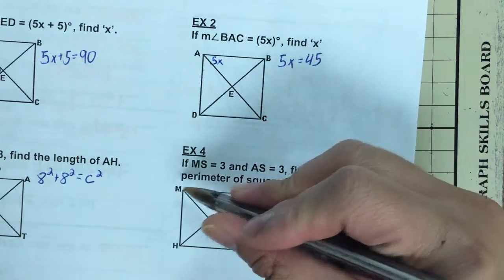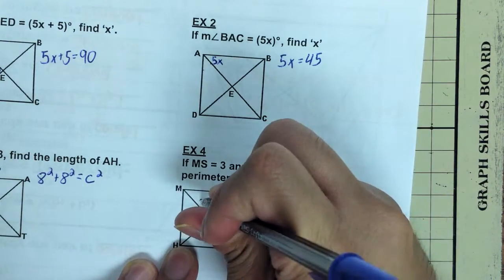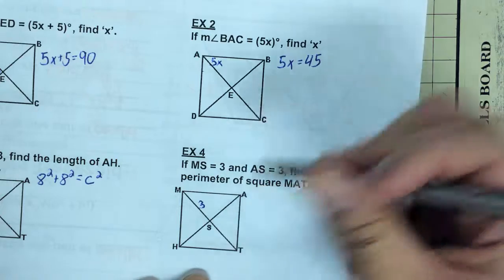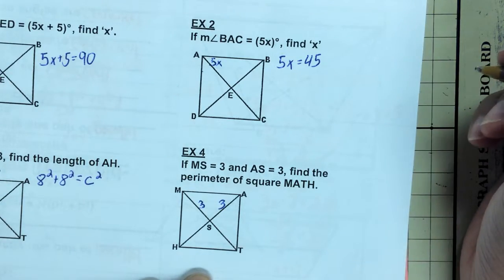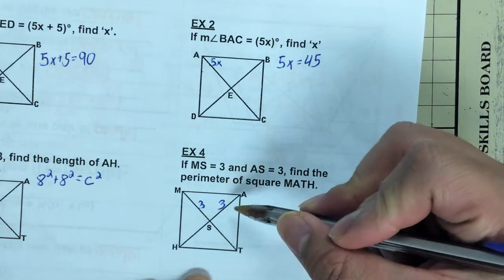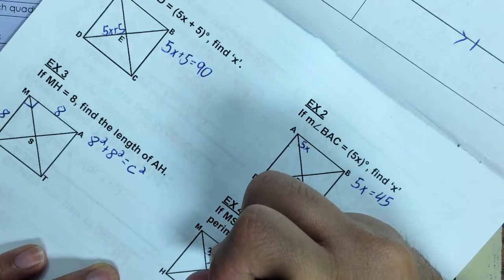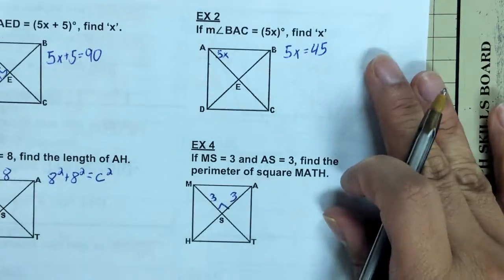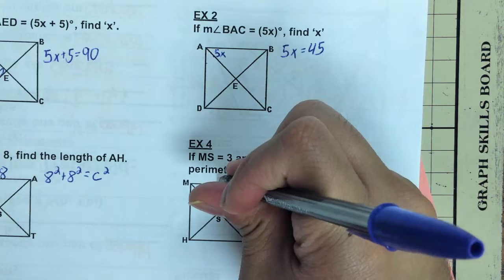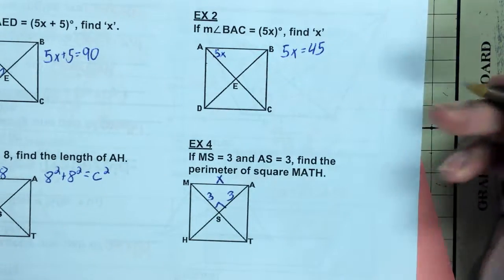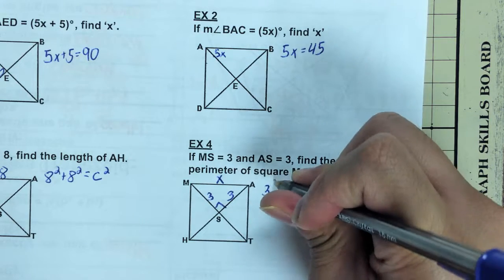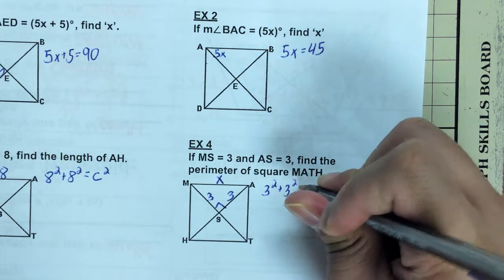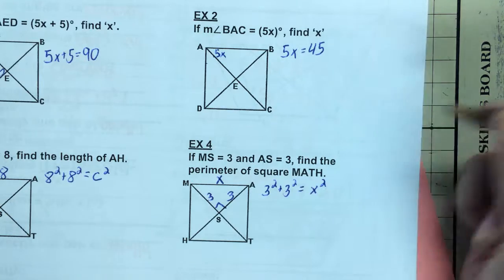And example 4, MS is 3. AS is 3. Find the perimeter. So we know this is 3, we know this is 3, and we know this is a right angle, which means to find MA, one of the sides, again, we have a right angle with 2 sides, that's 3 squared plus 3 squared equals x squared.